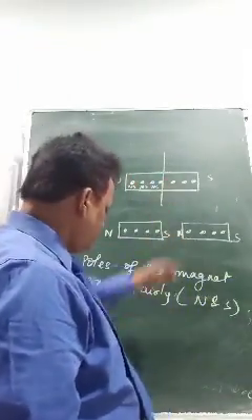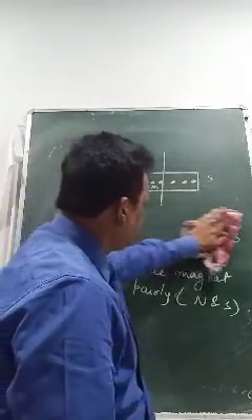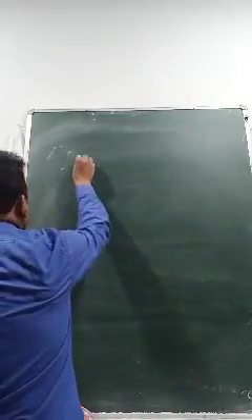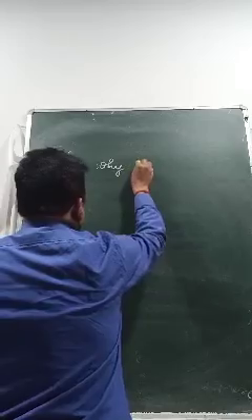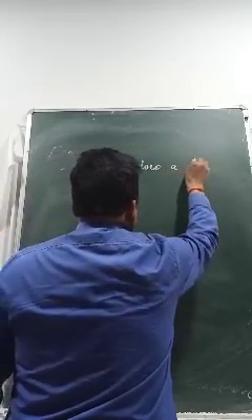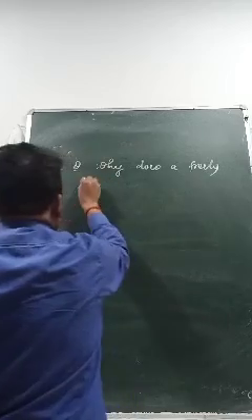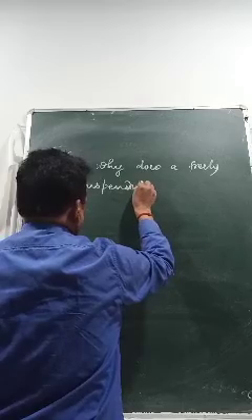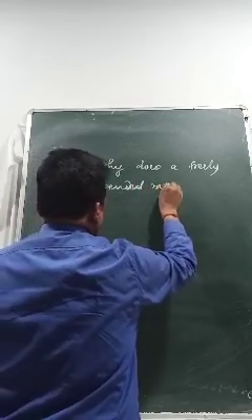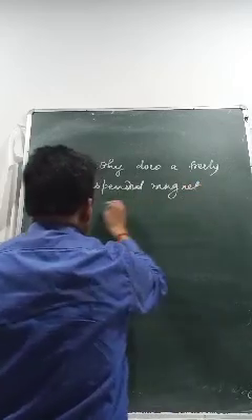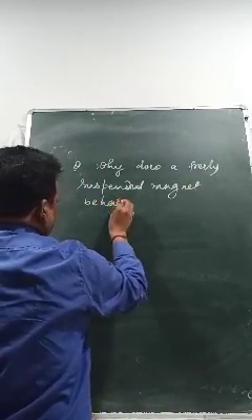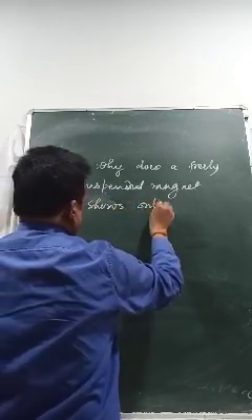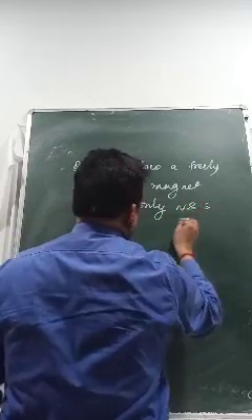So why does a freely suspended magnet show the north south direction? Why not another direction? That could be a question. Why does a freely suspended magnet show only north and south pole?